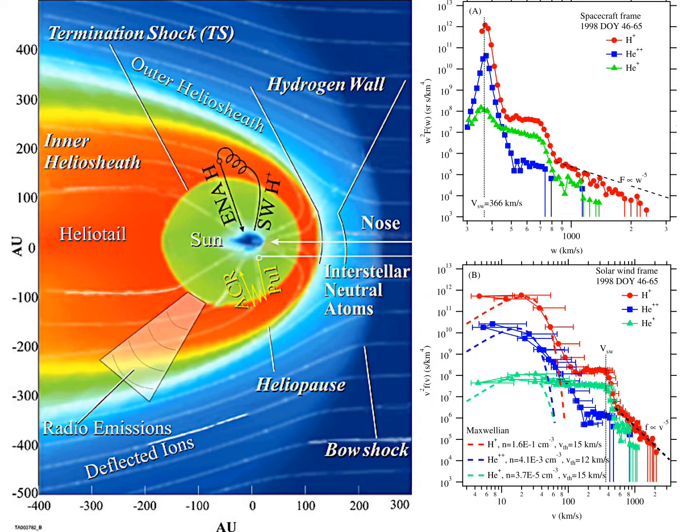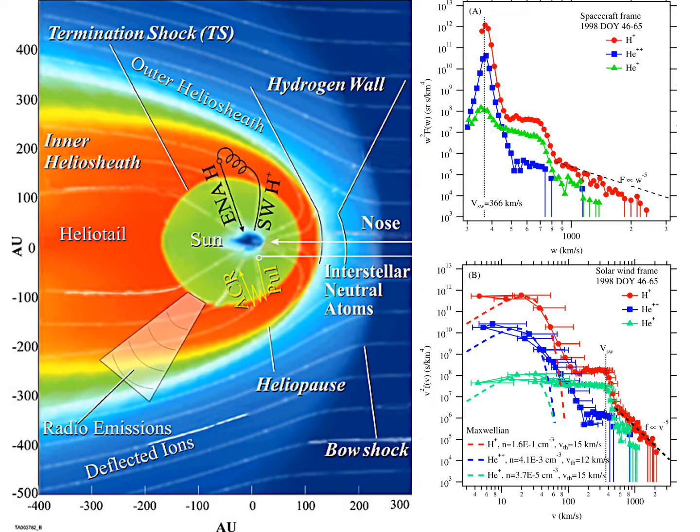As you can see, the shoulder here is the pickup ions in protons, pickup ions in helium plus, and a little bit of pickup ions in helium double plus. And there is a shoulder that's exactly at the solar wind speed.